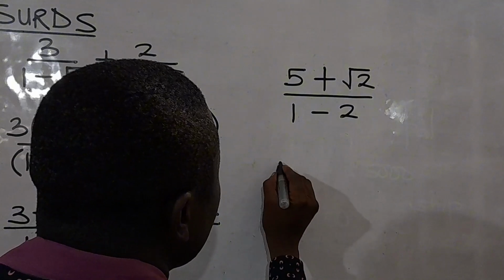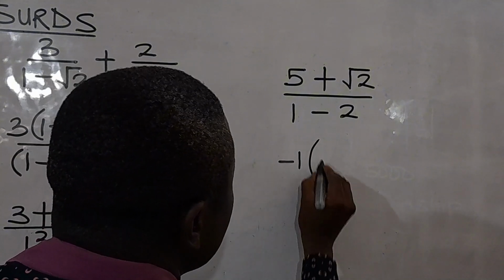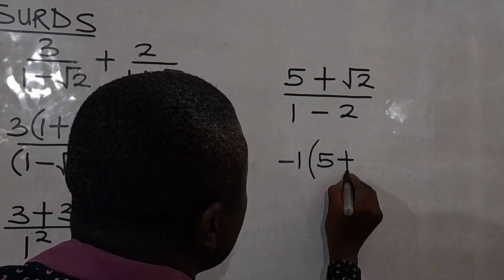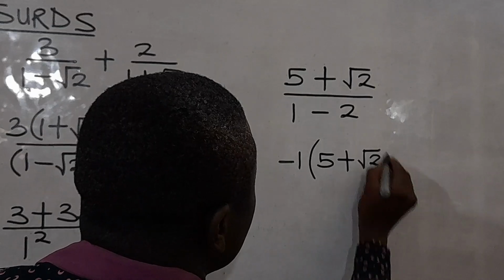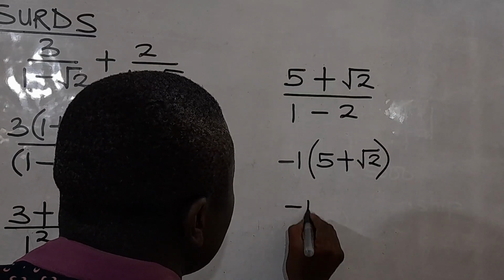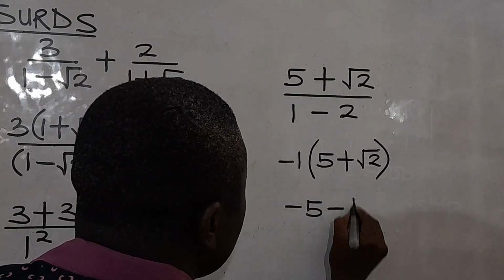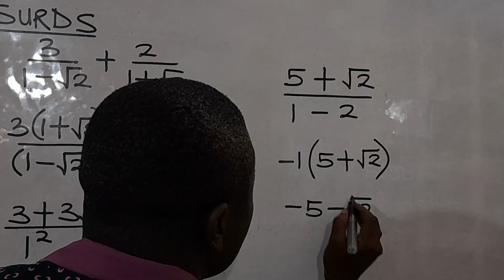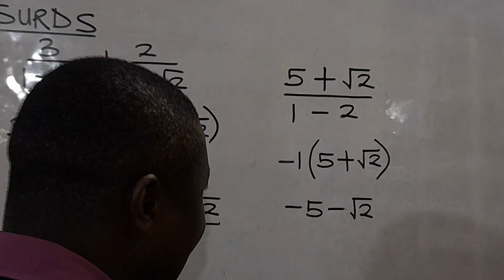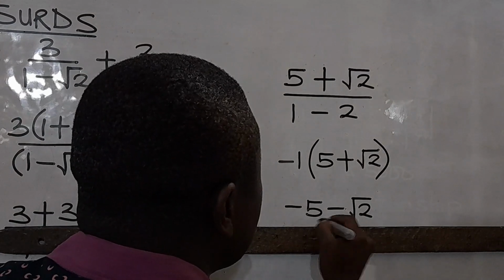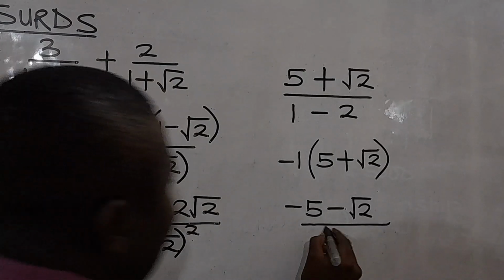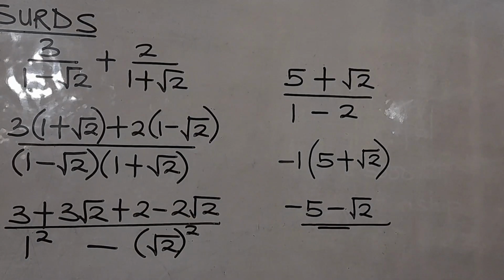So this is negative 1 into 5 plus root 2. So this gives us minus 5 minus root 2. This is our answer.